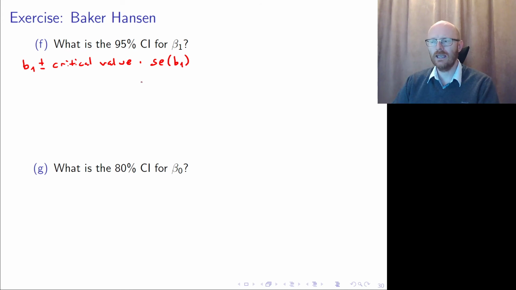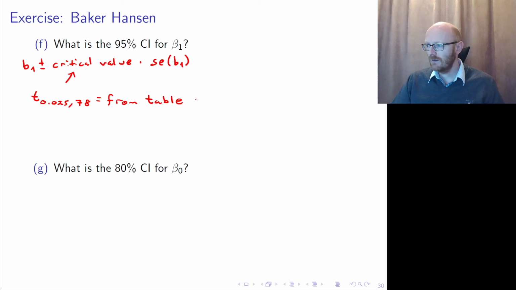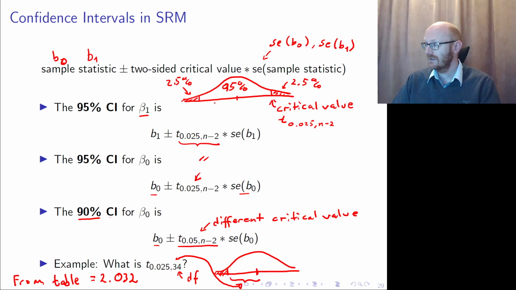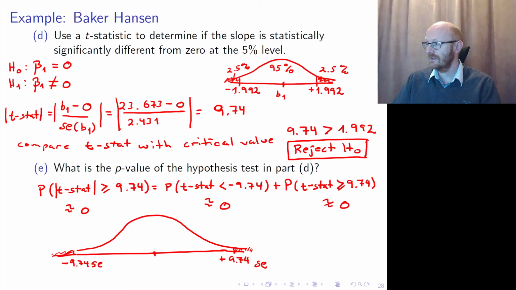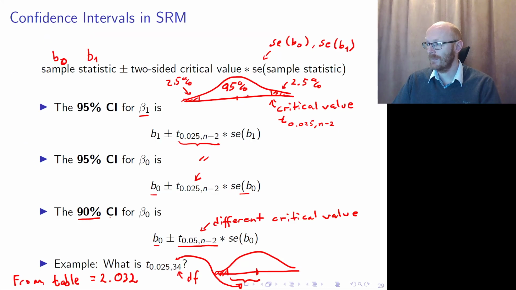Okay, and the critical value is the t of 0.025 given 78 degrees of freedom, and from the table we found, yeah, we already found that actually. We found it here. It's 1.992. Okay.